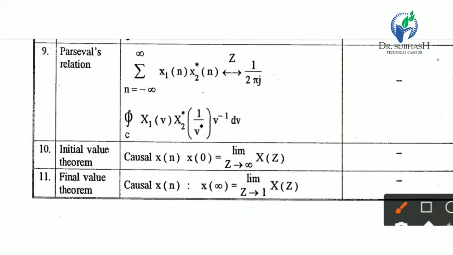The next property is Parseval's relation.